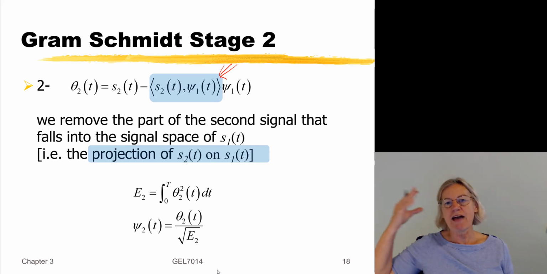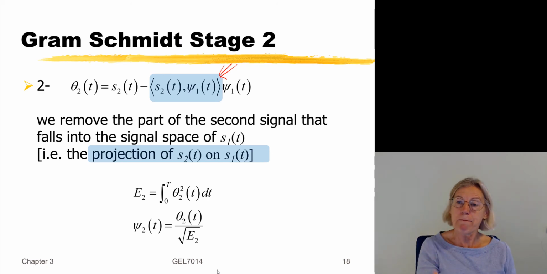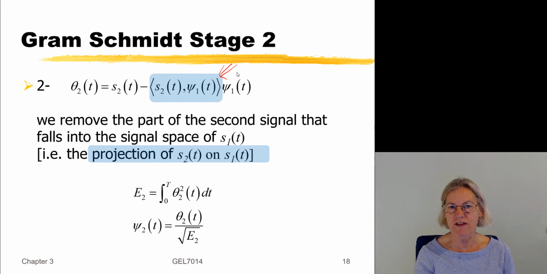But basically, I have a previous basis vector. I project the new symbol onto that, and that part of the symbol I can represent already with the basis vector. So I get that coordinate, the coordinate in that first basis vector, and I multiply by the basis vector, and that is the projection. Now I take my S2 and I subtract that off. So I've taken away all the parts of S2 which can already be represented by C1.